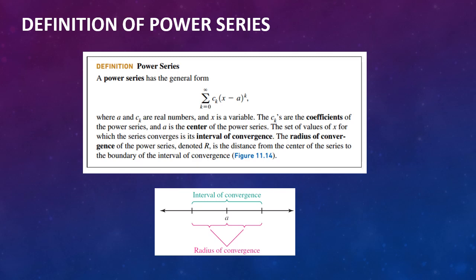The c sub k's are the coefficients of the power series, and a is the center of the power series. The set of values of x for which the series converges is its interval of convergence. The radius of convergence of the power series, denoted uppercase R, is the distance from the center of the series to the boundary of the interval of convergence.